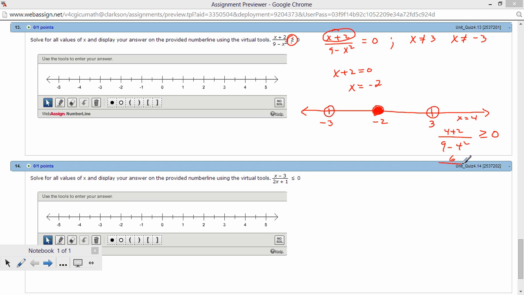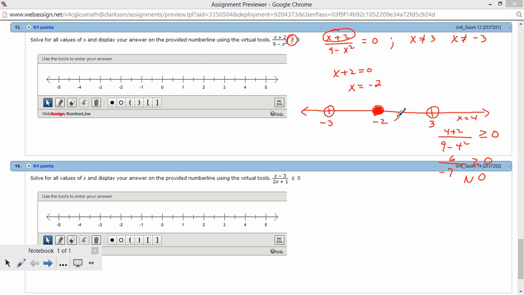Well, is 6 over negative 7 greater than or equal to 0? Clearly not. It's a negative number, right? So in a lot of cases, you don't have to do the actual computations. As long as you know the plus or minus of the thing, because you're comparing to 0, it's pretty obvious. So negative 6/7 is not greater than 0. And so that region is going to be a no, and you're not going to shade that region.